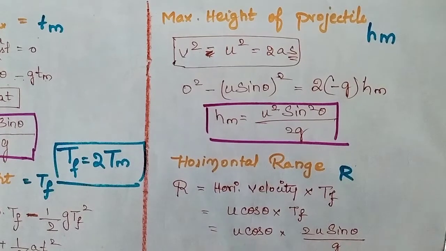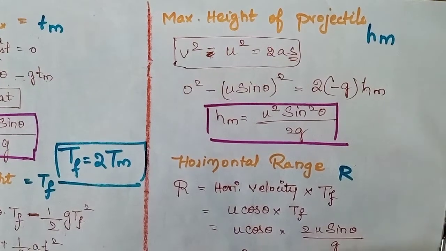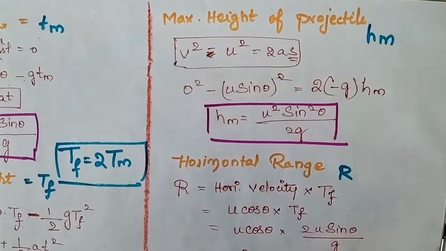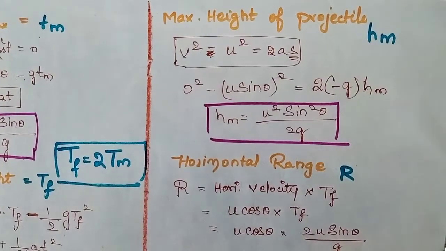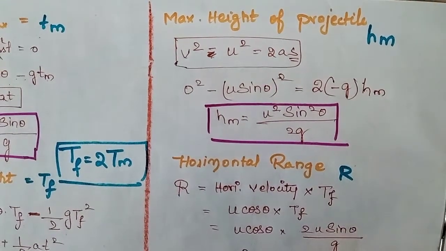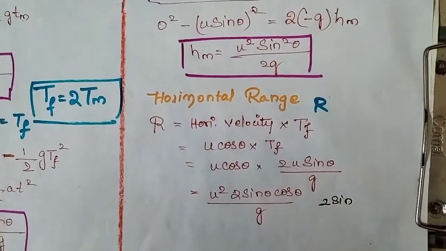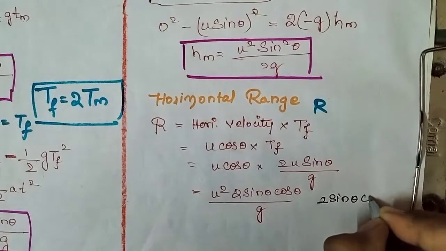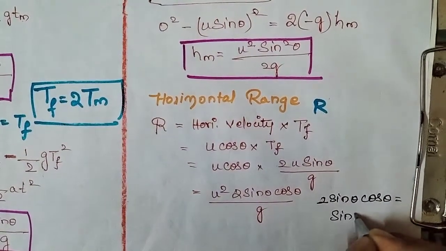This, if we multiply and write, u square 2 sin theta cos theta by g we get. We know the trigonometric equation 2 sin theta cos theta to be sin 2 theta.